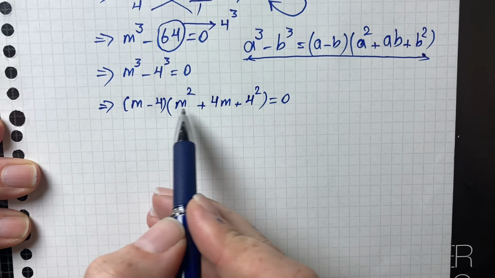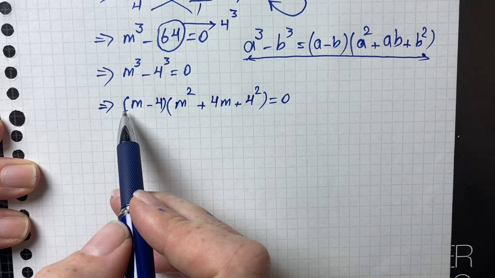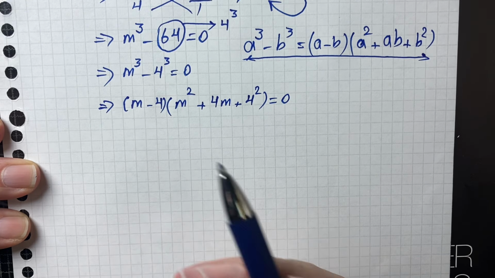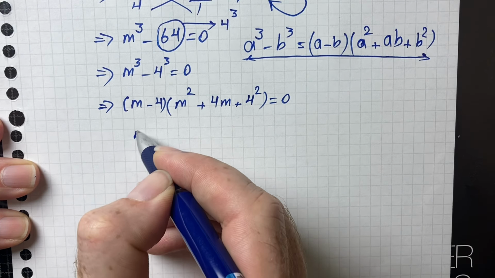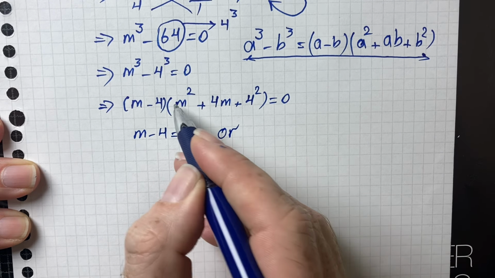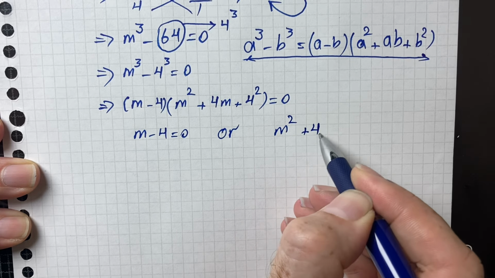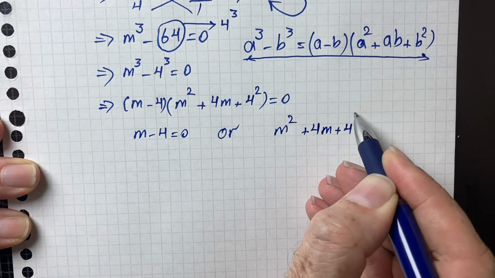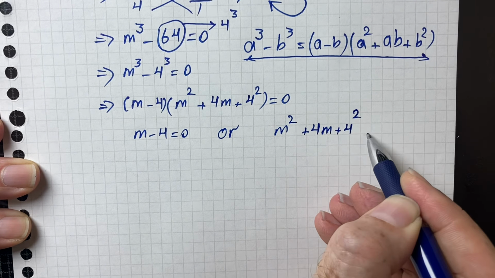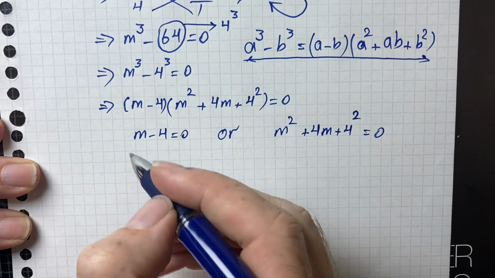Remember, if the product of two factors is 0, at least one of them must be 0. So I write m minus 4 equals 0, or m squared plus 4m plus 4 squared equals 0.